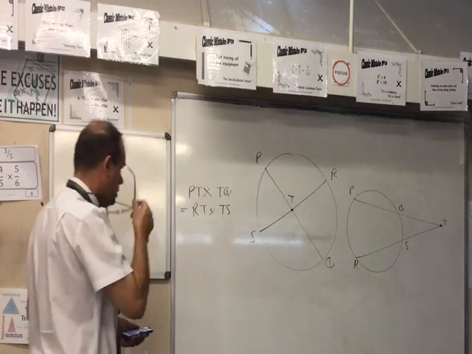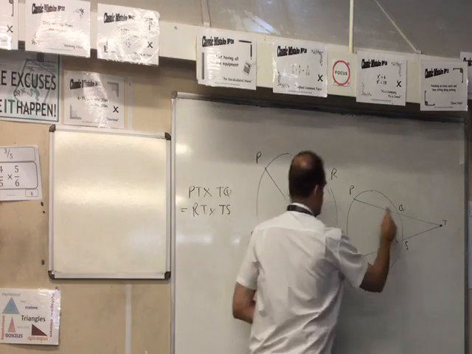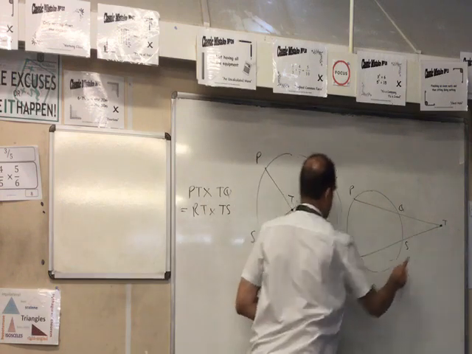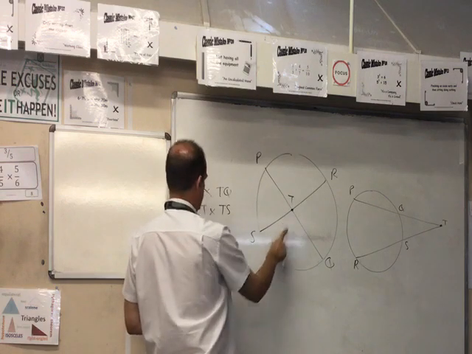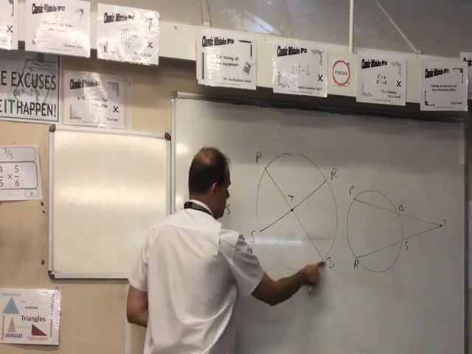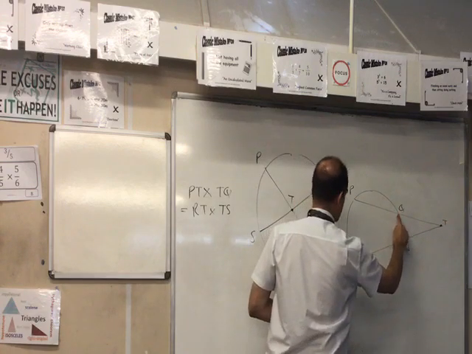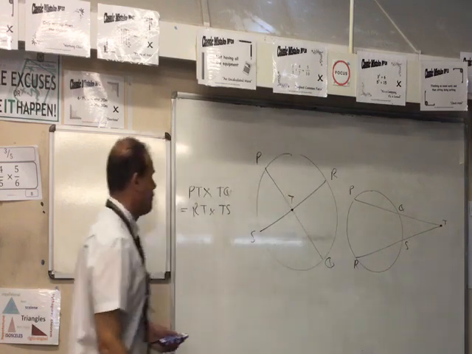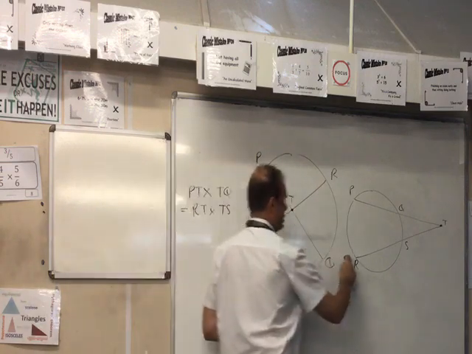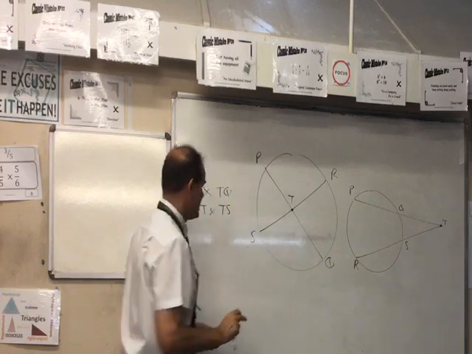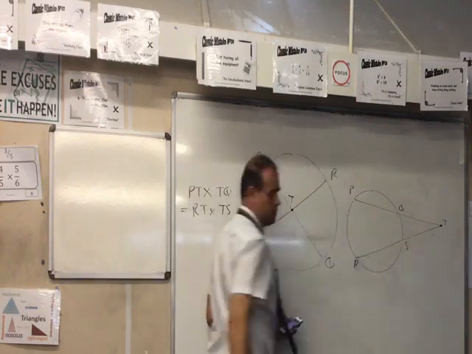It still holds, obviously it's where they cross: P to T, because it always goes from the point to where they cross, so PT times TQ is the same as going from R to T, times T to S, and that still works there.